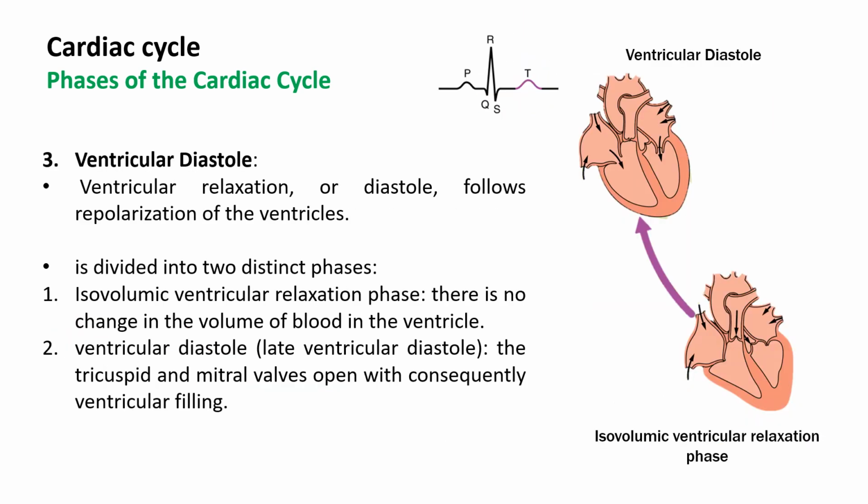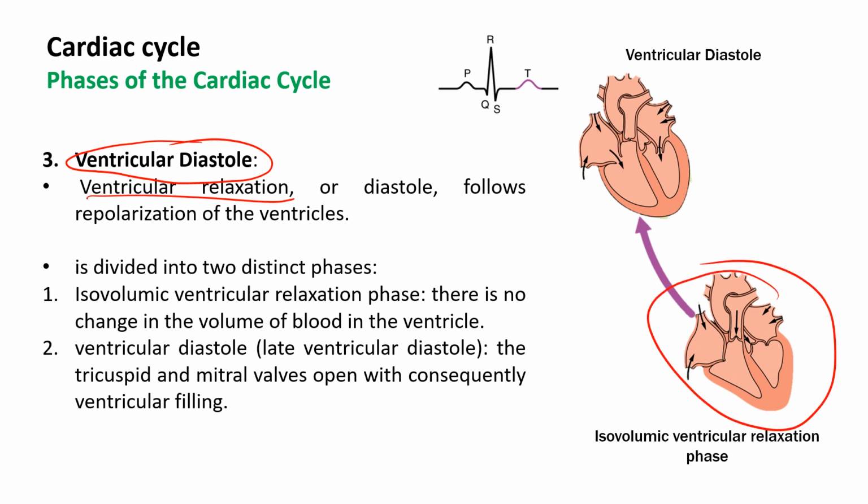Then we have ventricular diastole, which is the ventricular relaxation. After this is the isovolumic ventricular relaxation phase, and again, don't worry about it. It's the same thing that I told you before. That's too detailed. But every time you see this isovolumic, that means that all the valves are closed.